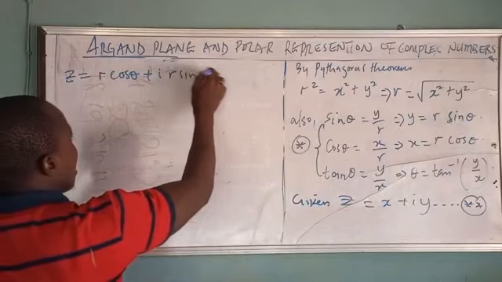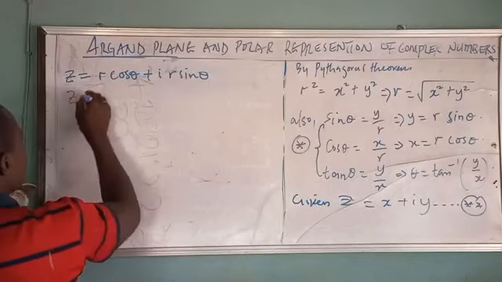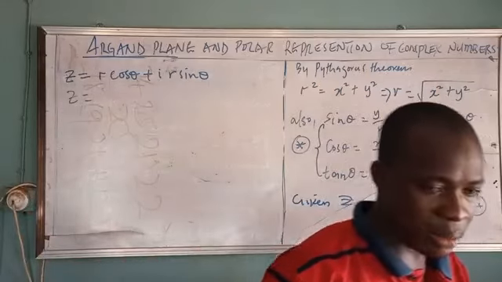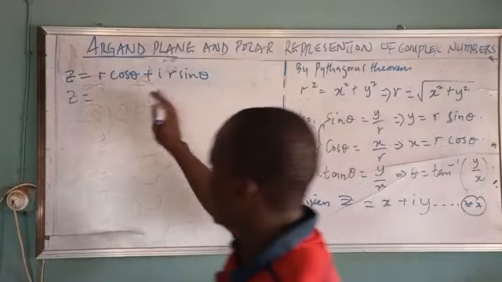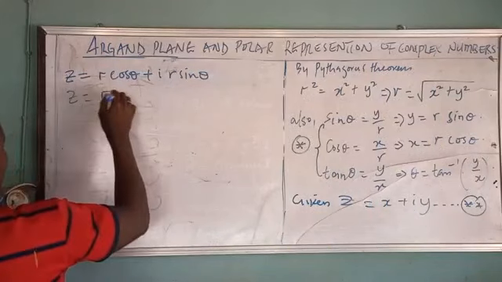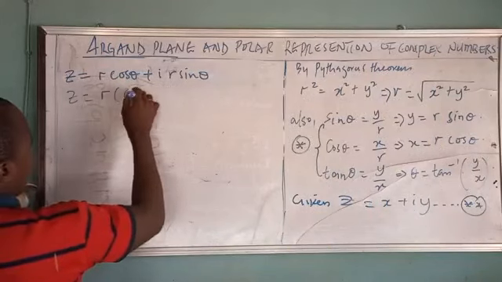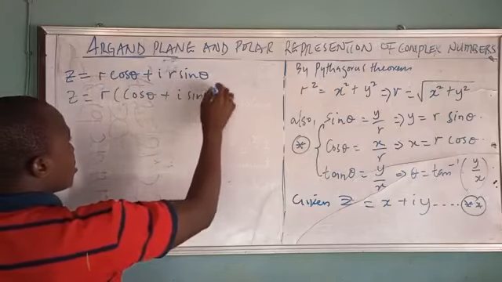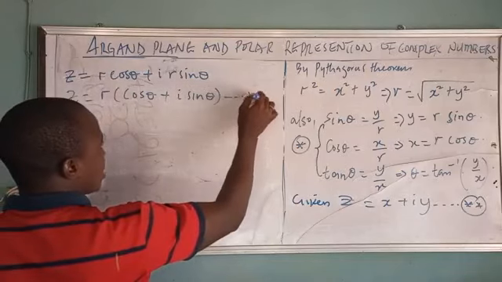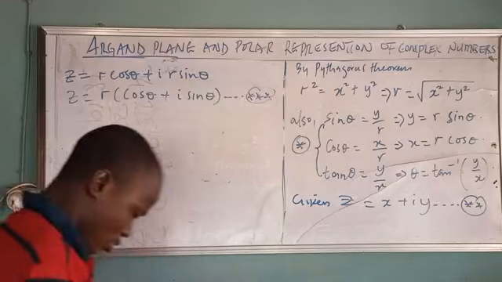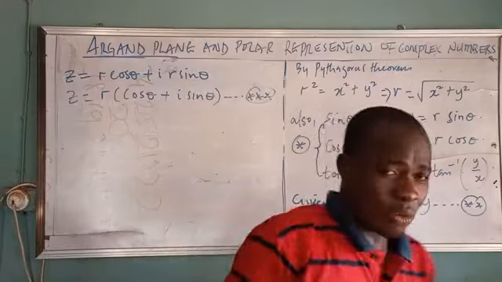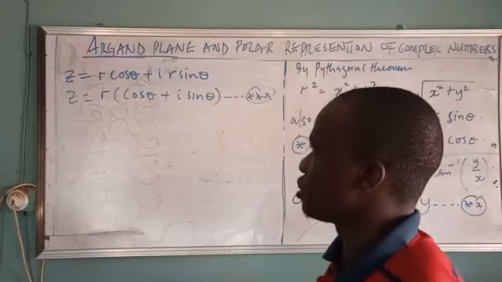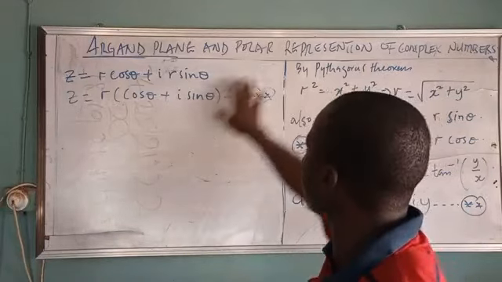Now you can see that there is a common factor: r is common. We have r times cos theta plus i sin theta. All this is equation star star star. That is the polar form. This is how you represent a complex number in polar form.